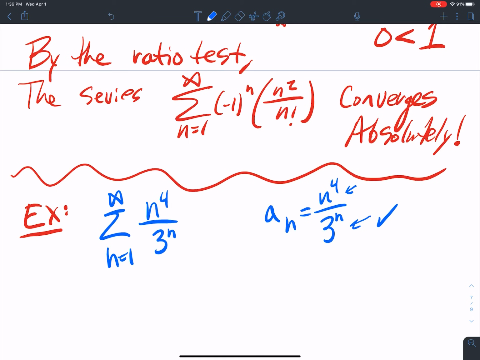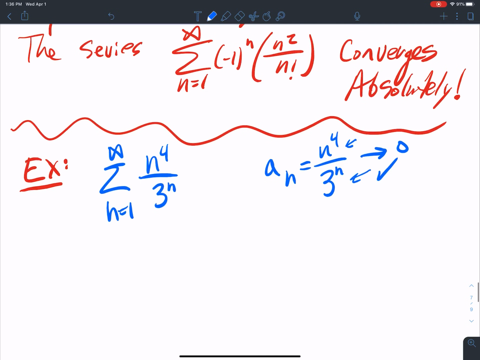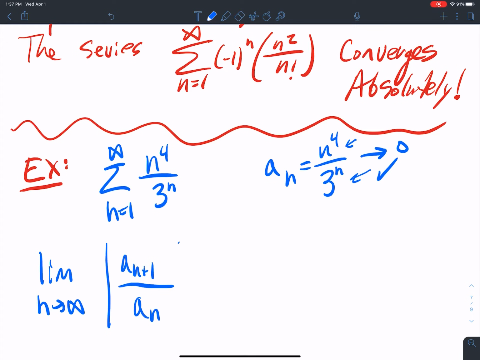Polynomial time is not as fast as exponential time. So this term is definitely limiting to 0 as n goes to infinity. So the nth term divergence test doesn't really help us out here. So what I look at is the n plus first term. So take the limit as n goes to infinity of a_(n+1) over a_n.